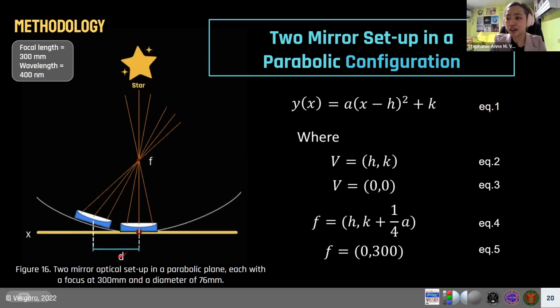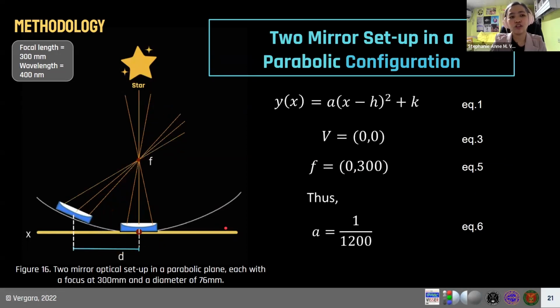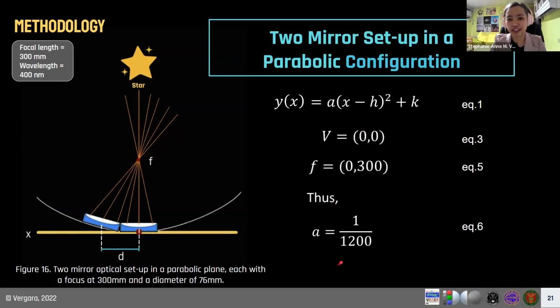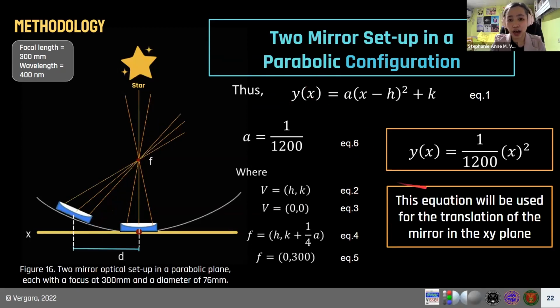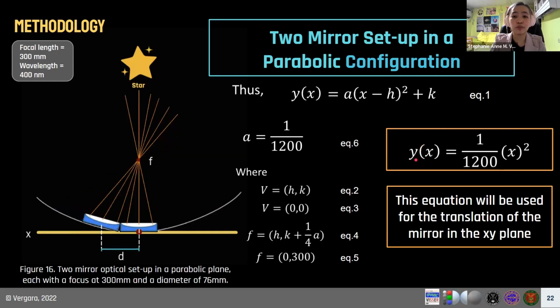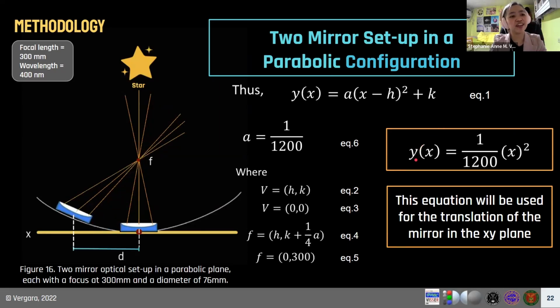The separation, D, is measured along the horizontal axis as shown in this figure. From equations 1, 3, and 5, an expression for the constant A can be calculated and was solved to be 1 over 1,200. Substituting this value into the original equation, we now have an expression for the parabolic equation to be used for the translation of the mirror in the xy plane.